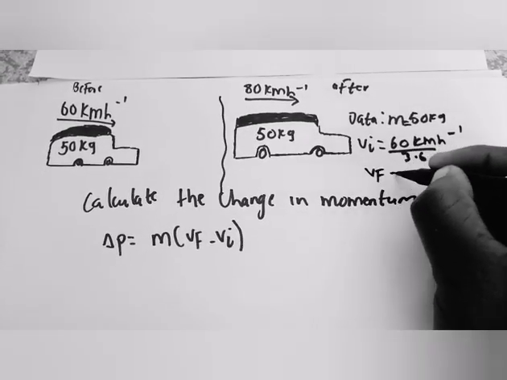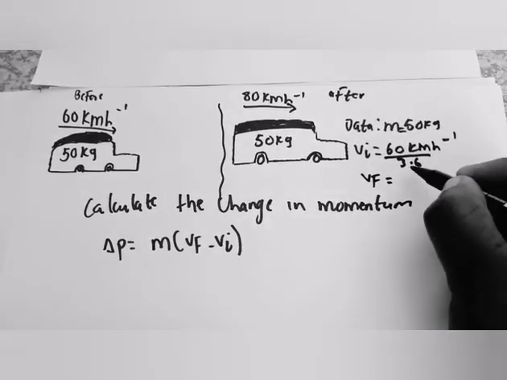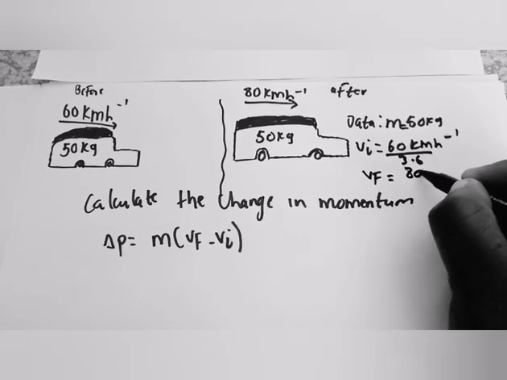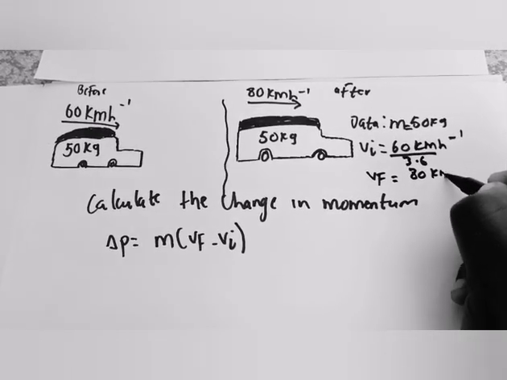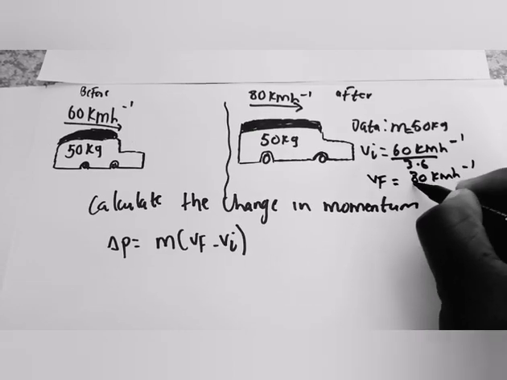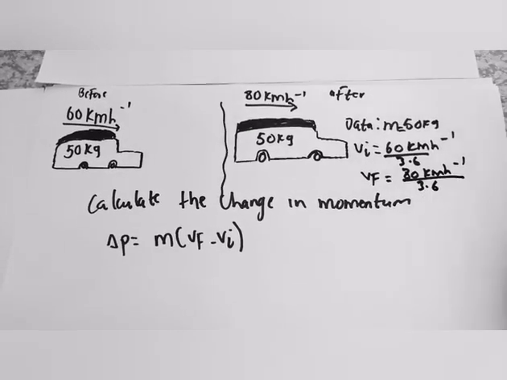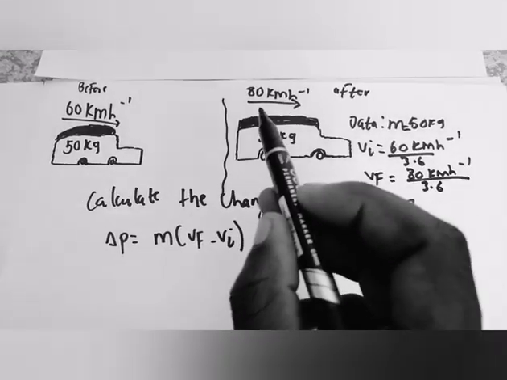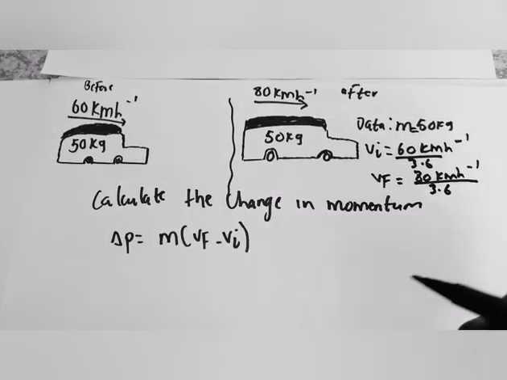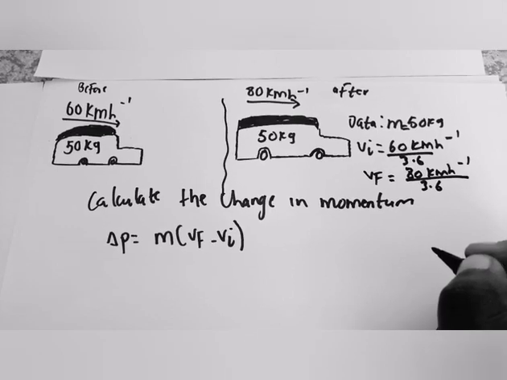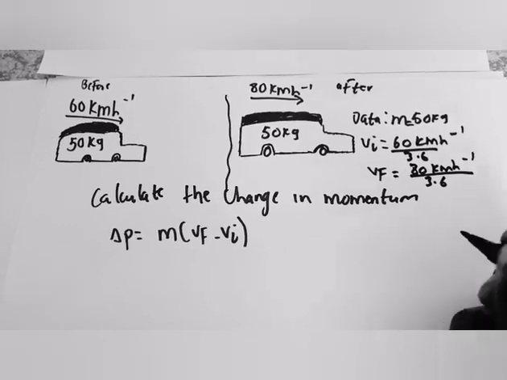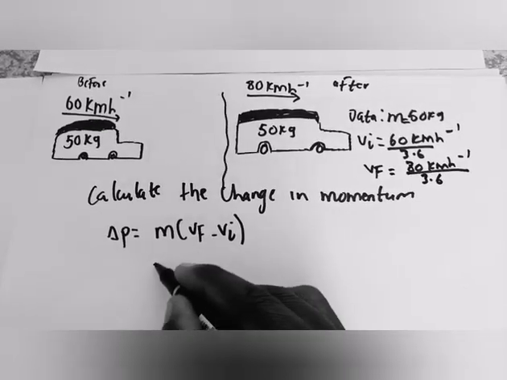Now the Vf, or final velocity, is 80 kilometers per hour, and we know velocity is not measured in kilometers per hour but in meters per second. Therefore divide by 3.6. Remember the direction, it is to the right, which means that it is positive.